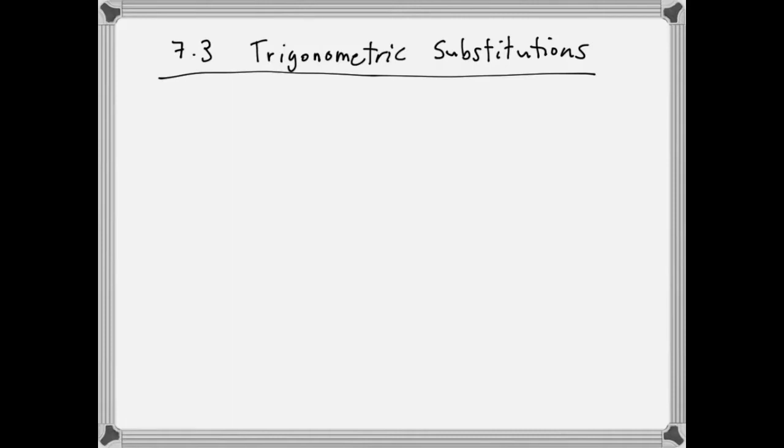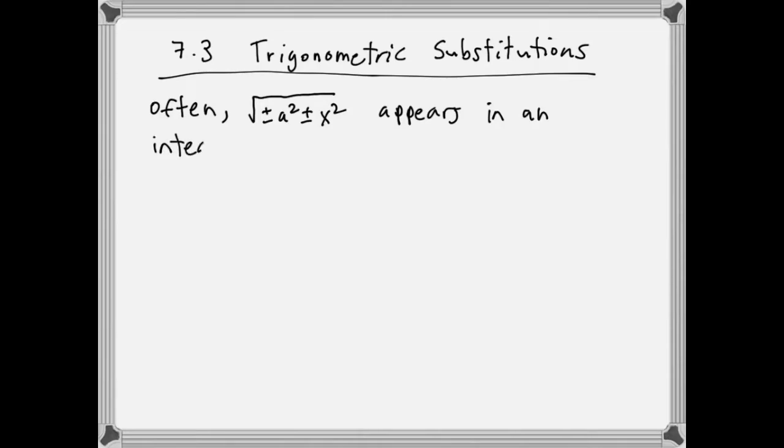Okay. So in this section, we're going to tackle integrals of a very specific type. So often, the following radical, let me write it this way, plus or minus a squared plus or minus x squared, appears in an integral, which can be difficult to work with.